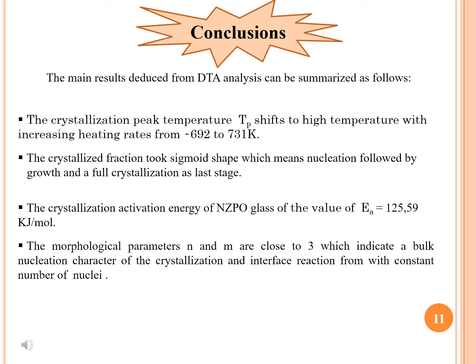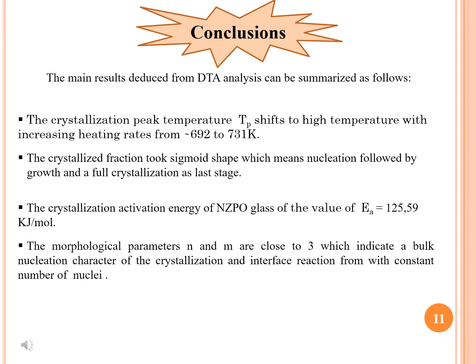Finally, the main conclusions are as follows. The crystallization peak temperature shifts to higher temperature with increasing heating rate, from 690 to 731 Kelvin. The crystallized fraction took a sigmoid shape, which means nucleation followed by growth and full crystallization as the last stage.